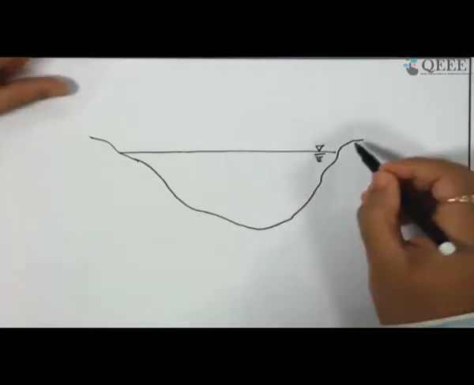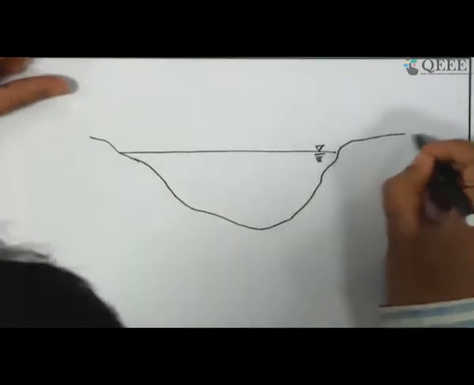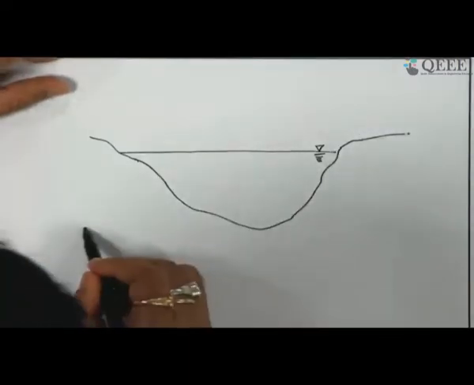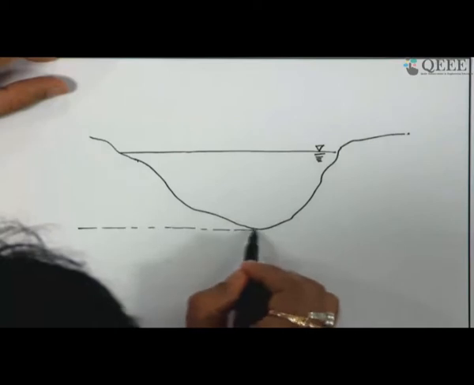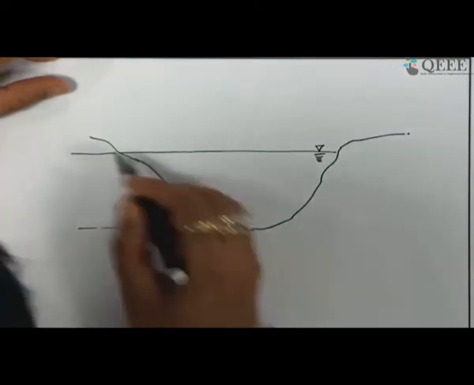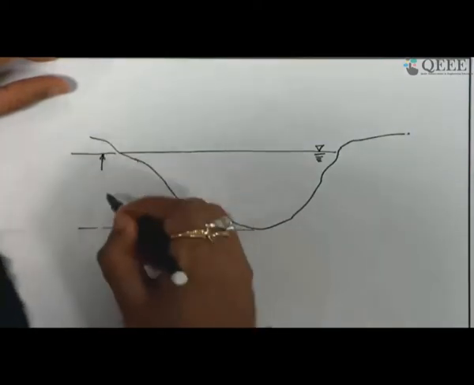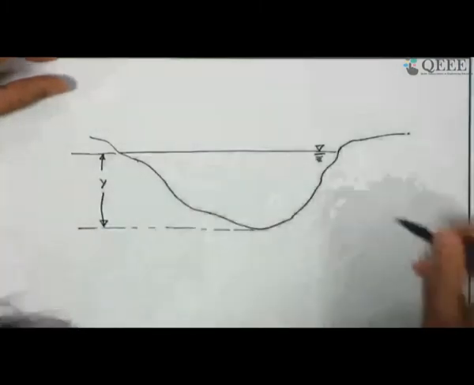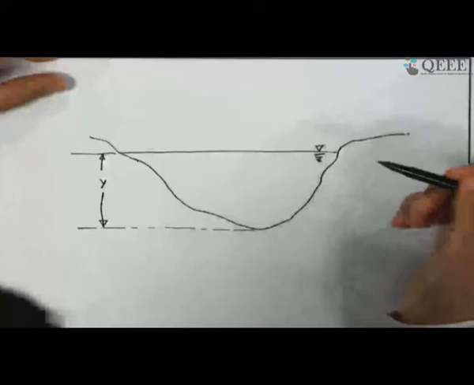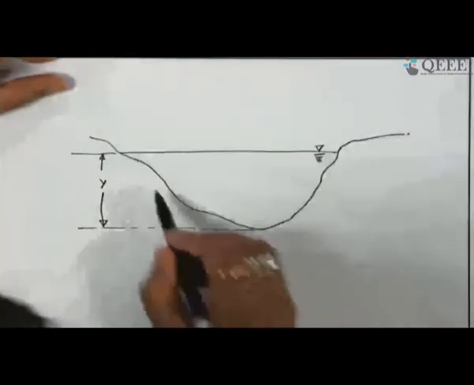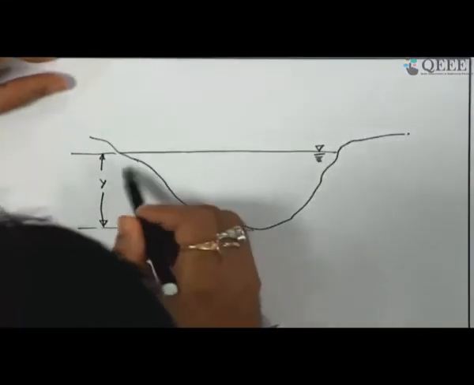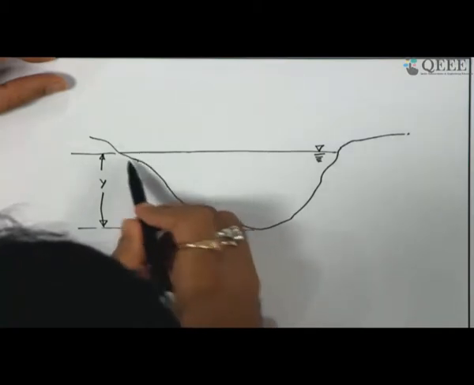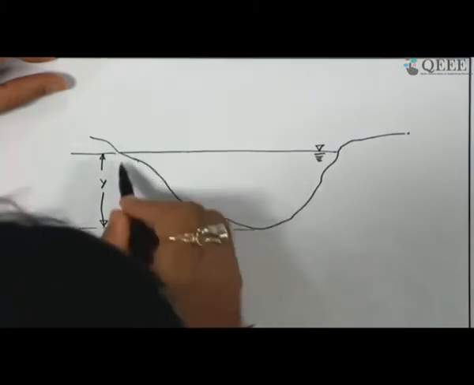Now, in this free surface, let us say this is the depth of the flow y. So, what is the wetted perimeter? Wetted perimeter is the perimeter which is corresponding to a particular depth of flow.